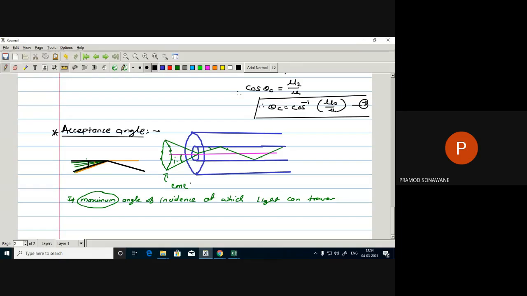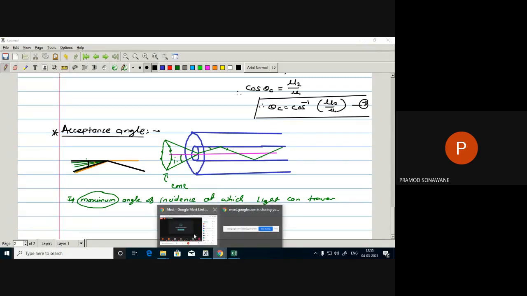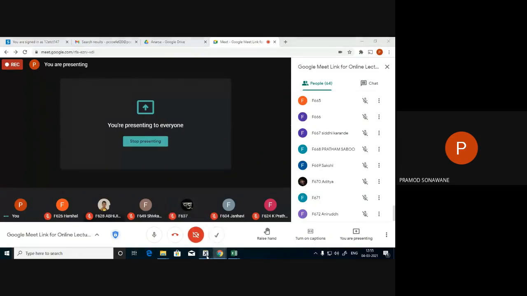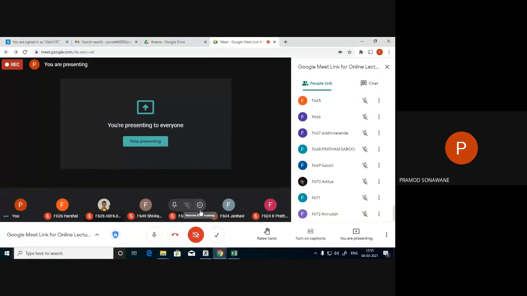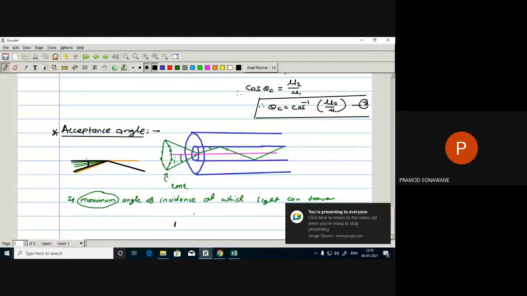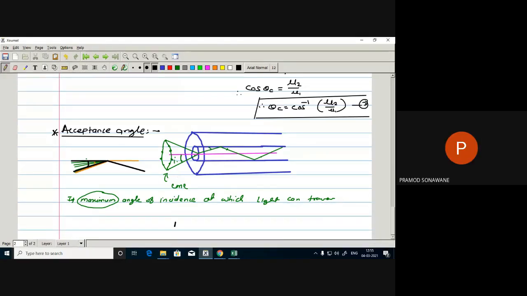And what is the formula for this acceptance angle? Anybody knows the formula of acceptance angle? अरे फॉर्मूला बताइए, और पता नहीं है फॉर्मूला? पता नहीं सर.